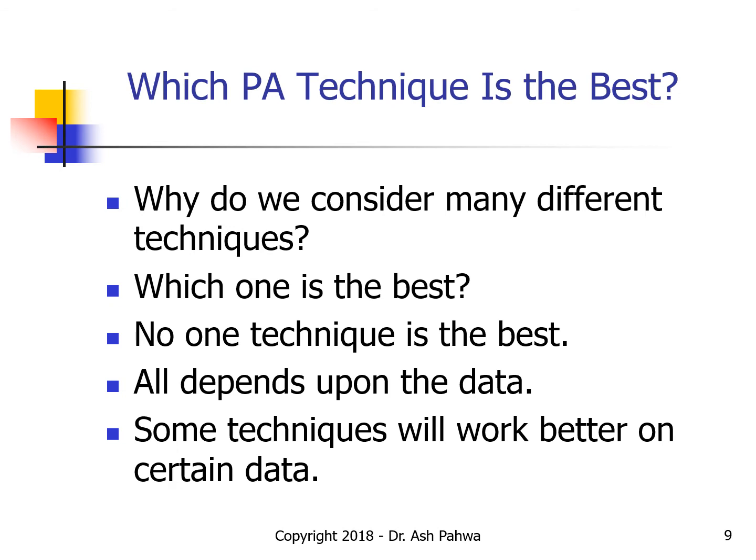The reason we cannot do that is that no one technique is the best. It all depends upon your data. Some techniques may work better on certain types of data, and some techniques work better for certain types of applications. So we have to study all of them, and understand the basic differences between them.